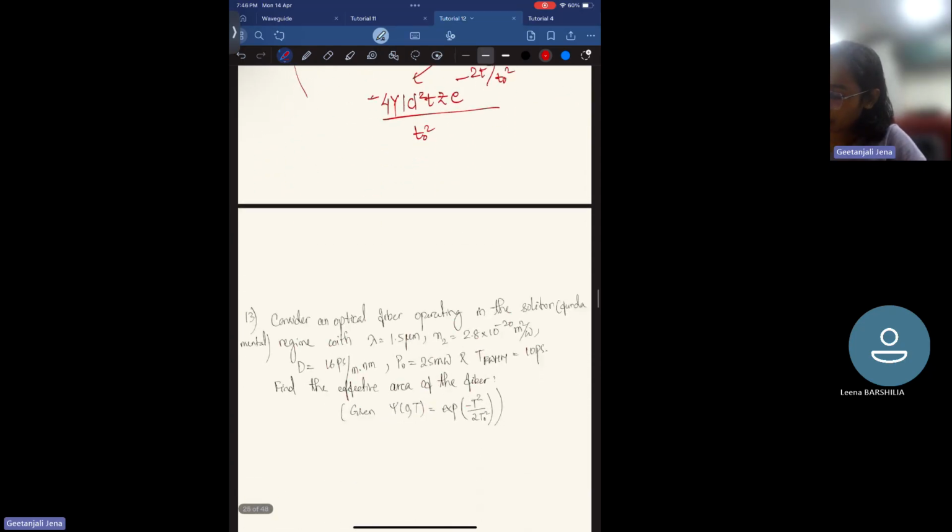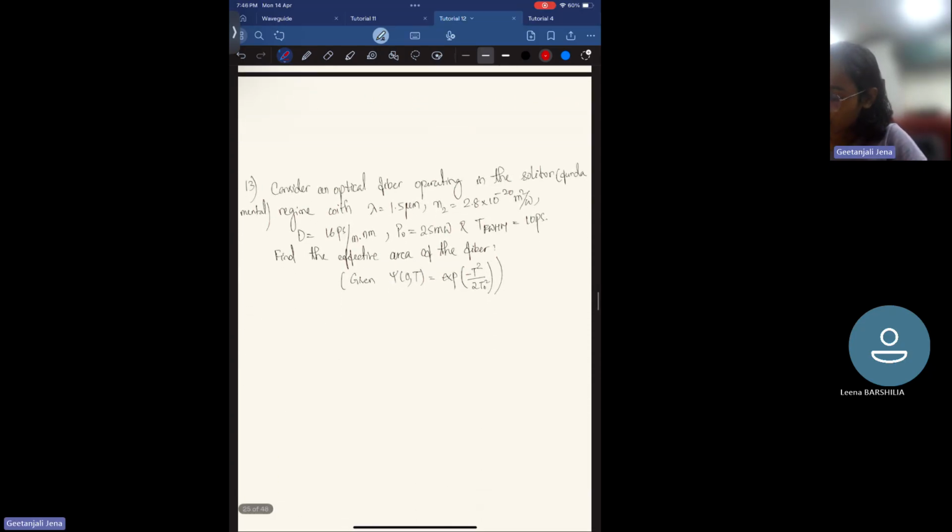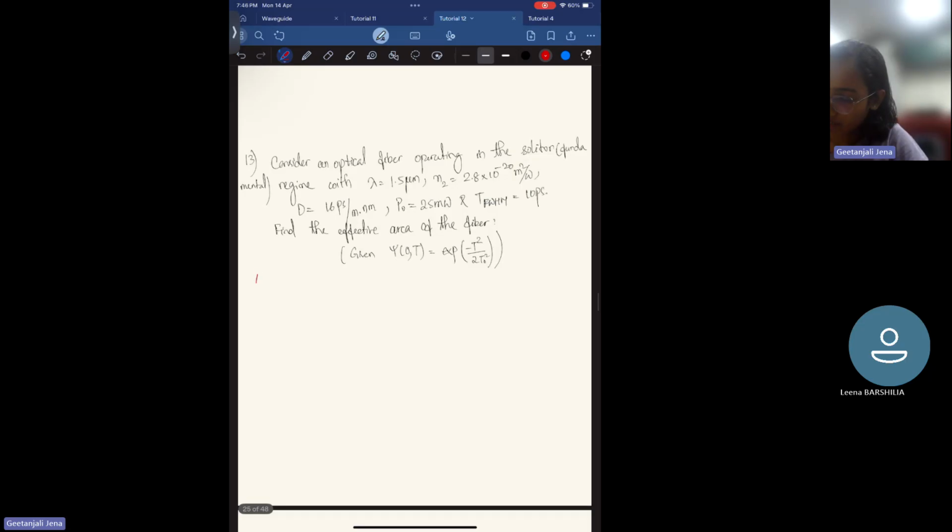Okay, so let us move to our next problem. Next problem is quite an easy one. It is similar to what we have seen in question number 1, so please go through the question once and let me see whether it is easy for you or you want me to calculate.